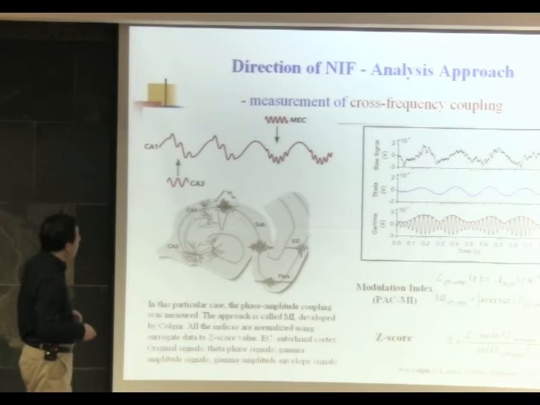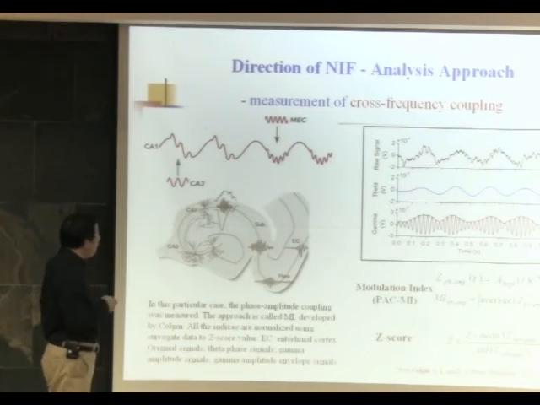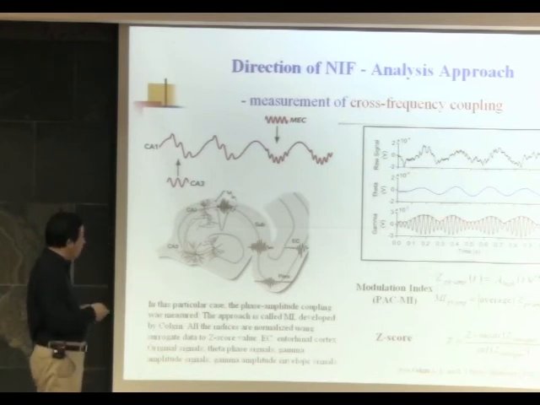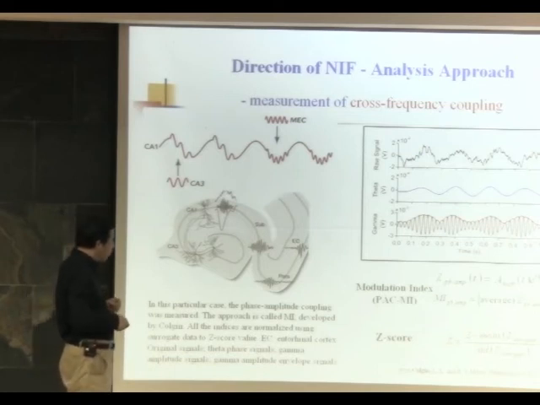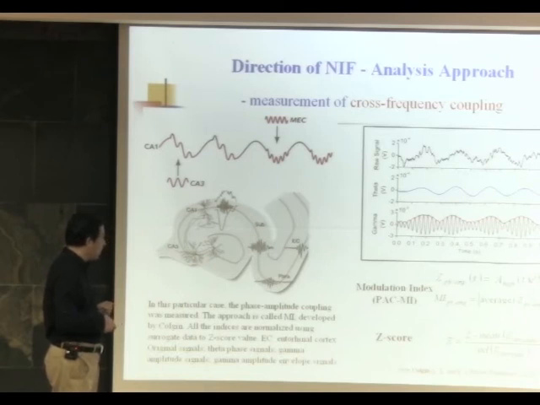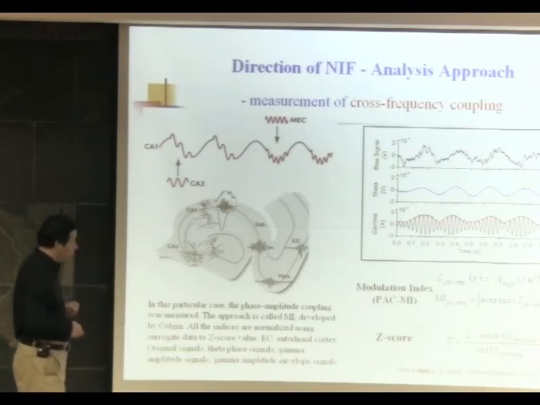And this is the measurement of cross-frequency coupling, so it involves different frequencies. In this study, we used the modulation index, which we call PAC-MI, and also we used Z-score.